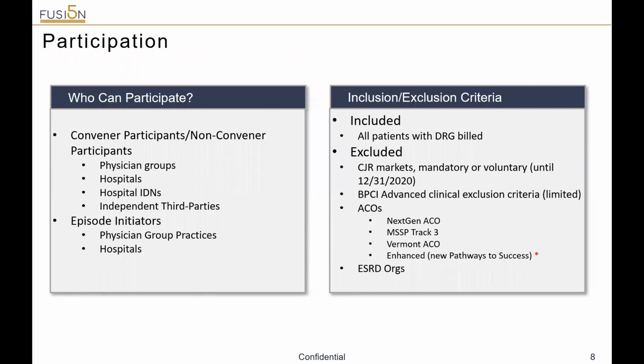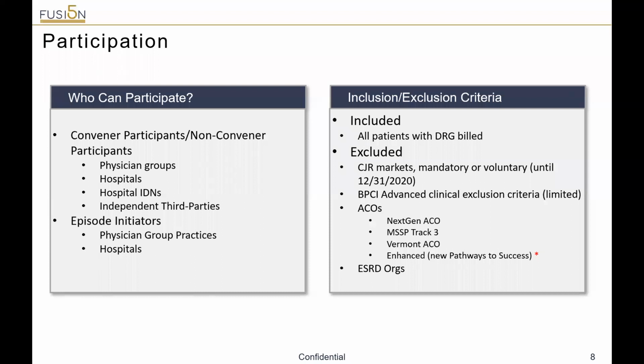The hospitals within that could have chosen to remain engaged in CJR or not. Currently, there's a mix of hospitals that participate. This is a hospital-only program. So all episodes start at the hospital. That program is running and will continue to run through the end of 2020.